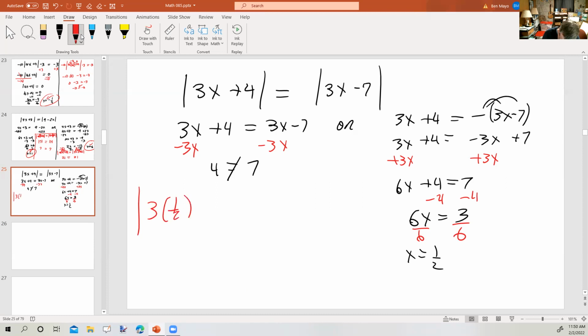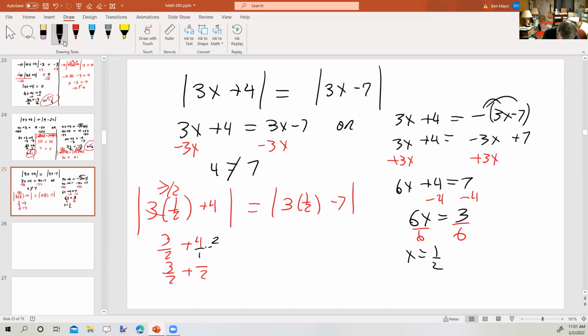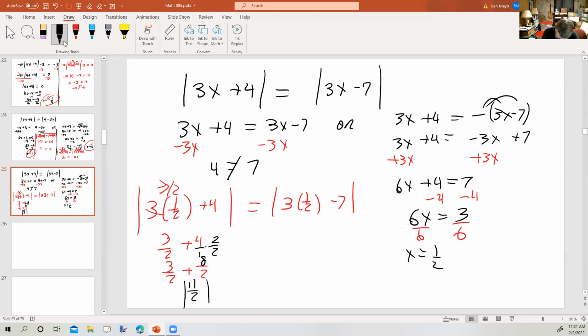The absolute value of 3 times 1/2 plus 4 equals the absolute value of 3 times 1/2 minus 7. 3 times 1/2 would be 3/2. 3/2 plus 4 would be 3/2 plus how many halves? Well, if we take 4/1, multiply it by 2/2, we get 8/2. So we get 11/2. But the absolute value of 11/2 is what? 11/2, right?